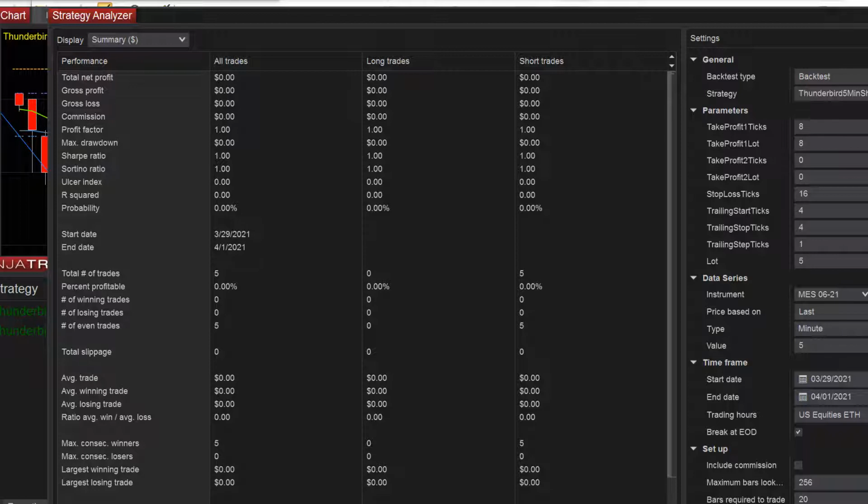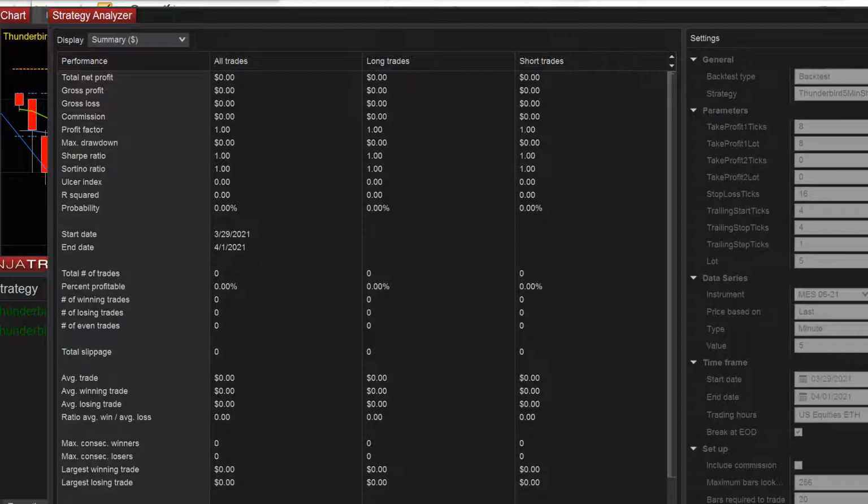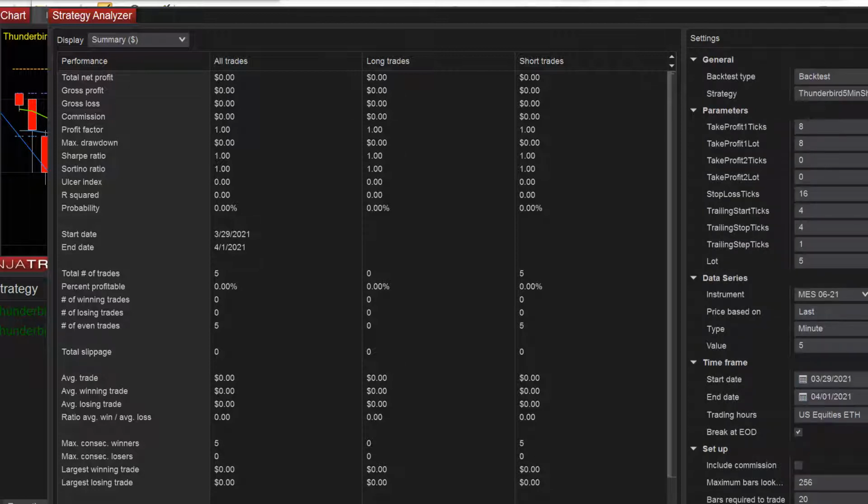Oh, that broke it. Yeah, doesn't work. What didn't work there? Did I have something underneath? Trailing stop. Oh, I have 8 there. Should be 4.